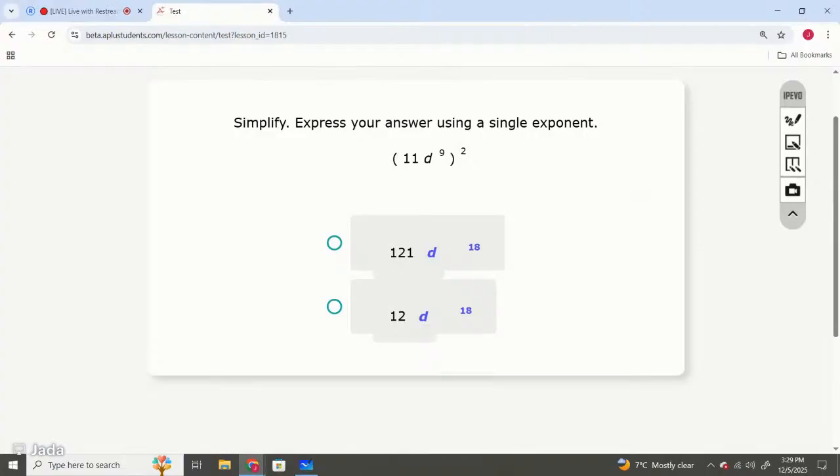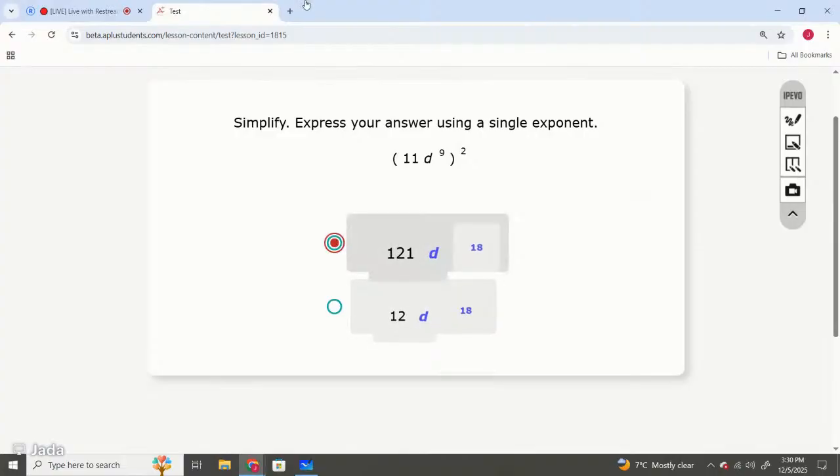That is 121. That is 121d^18. Option number 1 is the correct option.